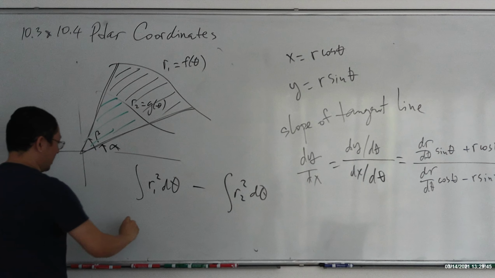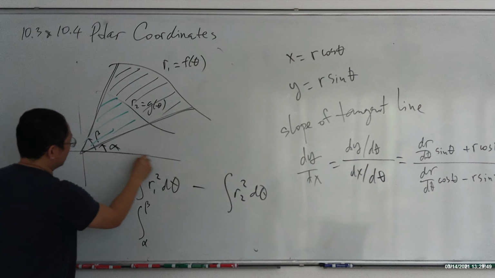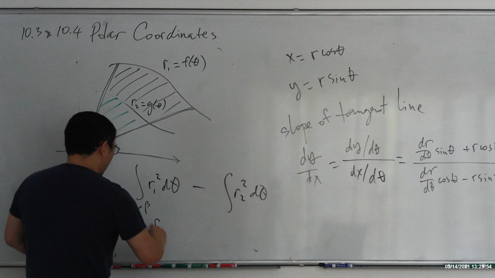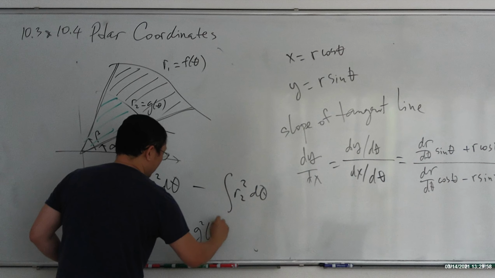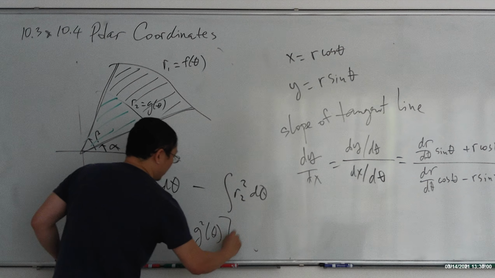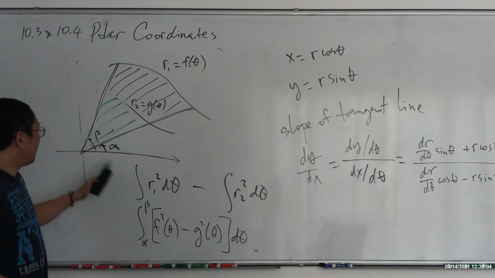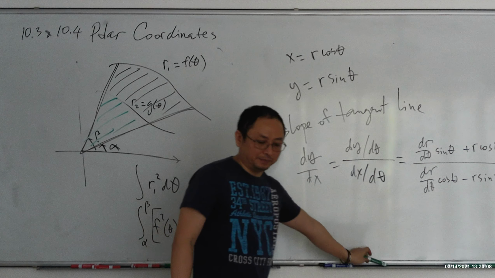So in short, people are going to write it this way: integral from alpha to beta, this is the angle, alpha to beta, of r1 squared, which is f squared theta, subtract g squared theta, d theta. And that was the idea. Alpha and beta is the change of the angle theta, say from 0 to pi over 4 or something like that.